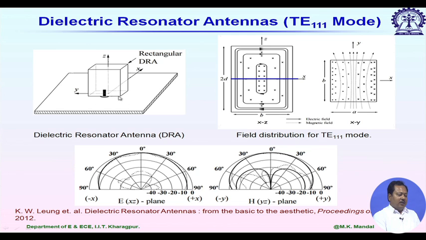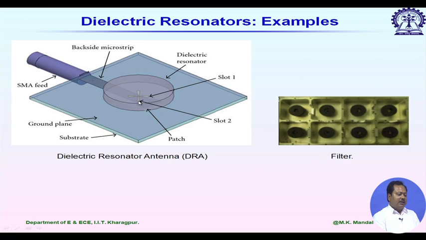So, you can see how this DRA is being excited by using an SMA. I will show you another example. Here the DRA is being excited by using a microstrip line. The inner conductor of this SMA is connected to the strip of the microstrip line, and here we have a printed circuit board, one substrate.